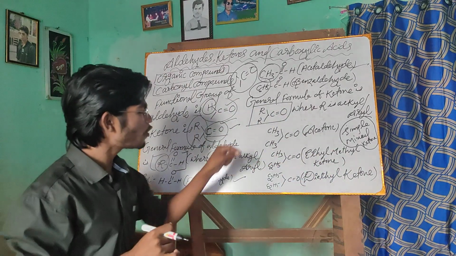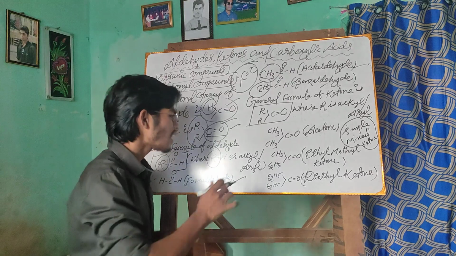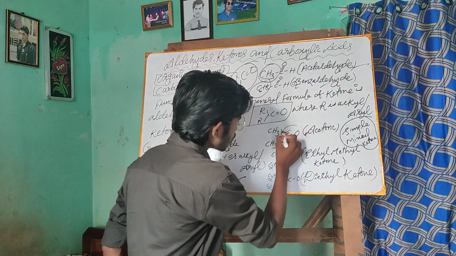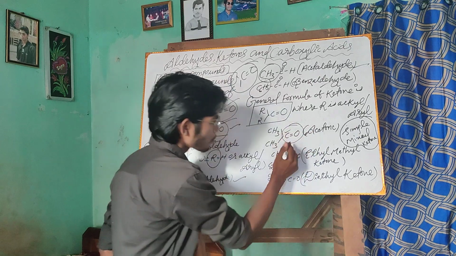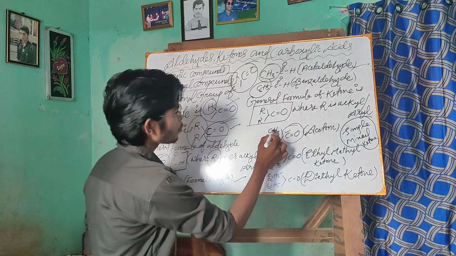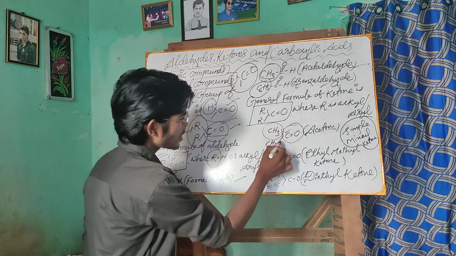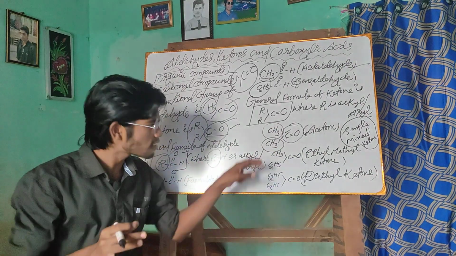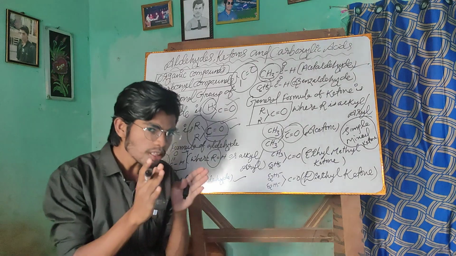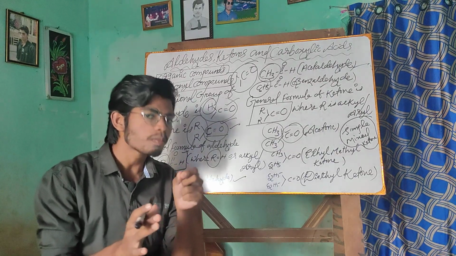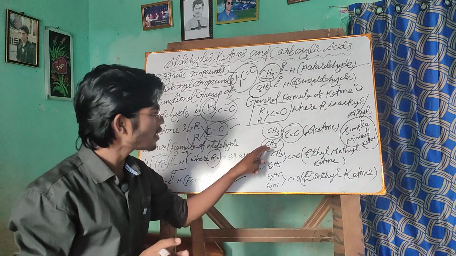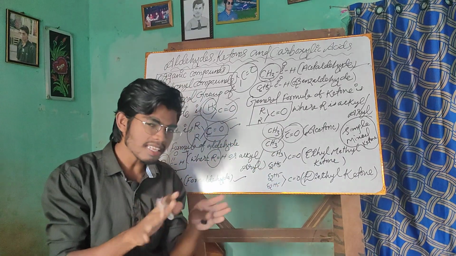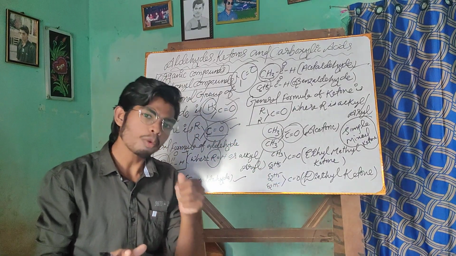So I have written various examples of the simple ketone. Have a look at this. Here, in the carbon atom of the carbonyl group, this is the carbonyl group, right? In the carbon atom of the carbonyl group, we have two alkyl groups, that is CH3 and CH3. Two methyls are there, no doubt, but the alkyl group is the same.